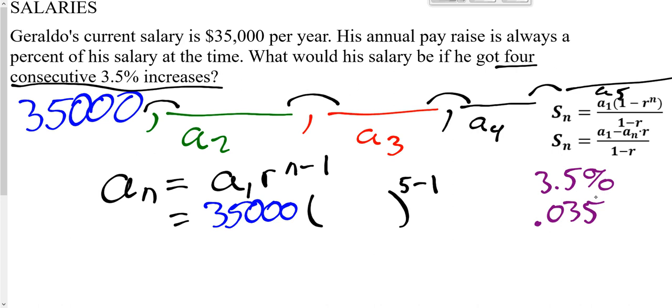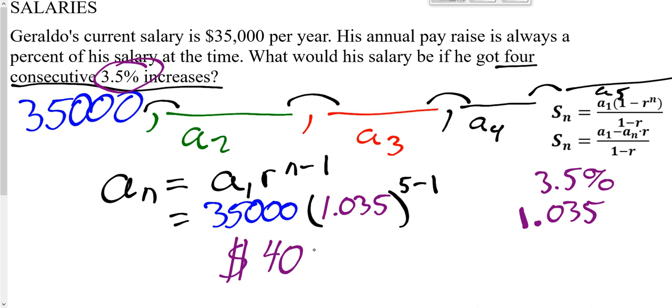Now, R, because it's this much of an increase, that really means it's 1.035 because you got to have your original amount, which is the 1, and you're adding 0.035. So that's your R because it's an increase onto your initial amount. Now, if you just type that into your calculator, and remember you're dealing with dollars, you get $40,163. You're dealing with money, so you need to go to the nearest cent.